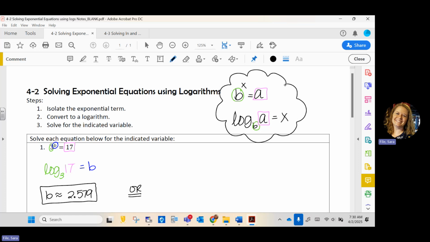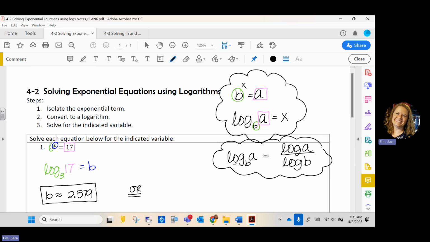It says if you have a log with a base, not a common log, you can rewrite it as a common log of A over a common log of B. Does that look familiar?